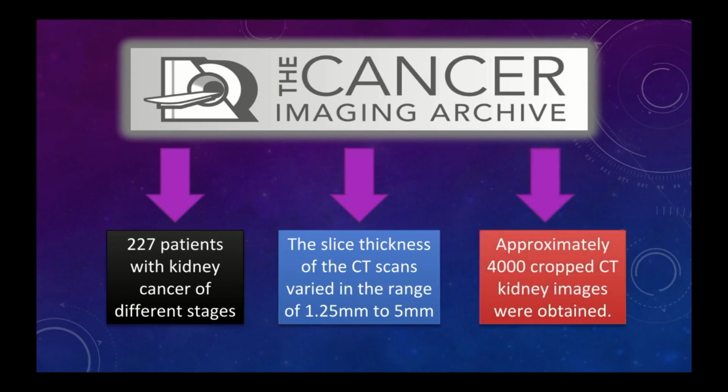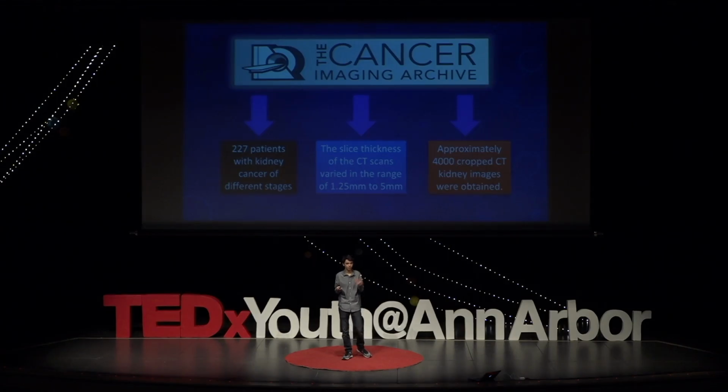So for this project, I used data from the National Cancer Institute, TCIA archive, and I was able to get kidney cancer images from the place with 227 patients in general. And I was able to get anonymized 3D computer tomography images and clinical data from those 227 patients as well.